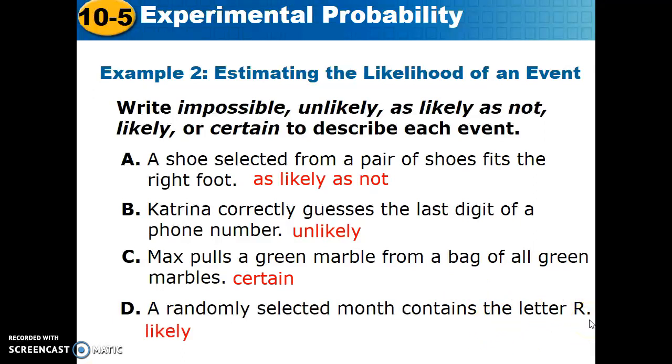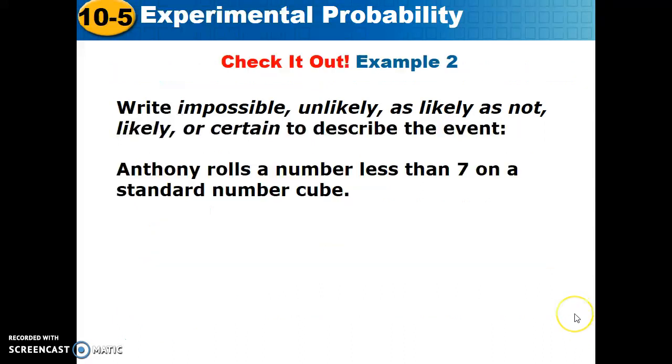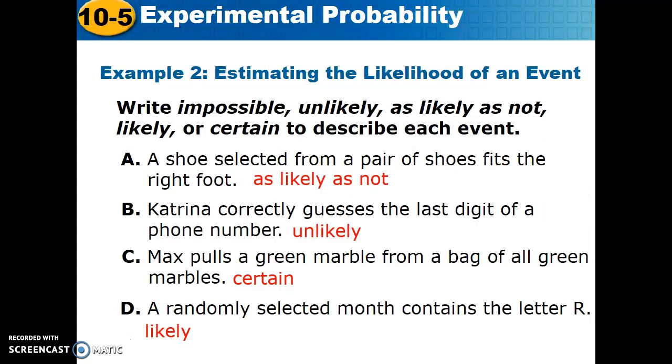And a randomly selected month contains the letter R. If you go through all the months, August, June, July, which other months don't contain an R? So there's 9 out of 12, possibly, just off the top of my head, that do. So we would consider that to be likely.